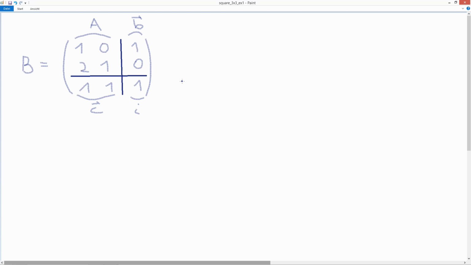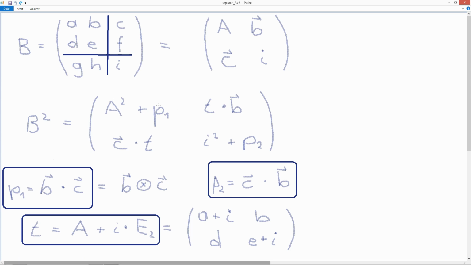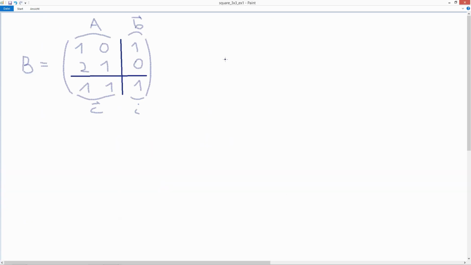The first thing we do is to square the 2 times 2 submatrix A. So this here. Because we need A squared here. I will square the 2 times 2 submatrix A by applying the approach I showed you in my last video. So A squared is equal to 1 squared plus P, which is 0 times 2.